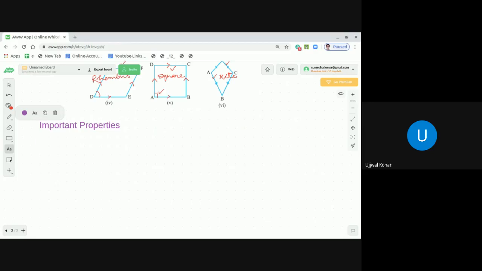Important properties. The first one is the parallelogram. What are the important properties of a parallelogram? Opposite sides are equal.